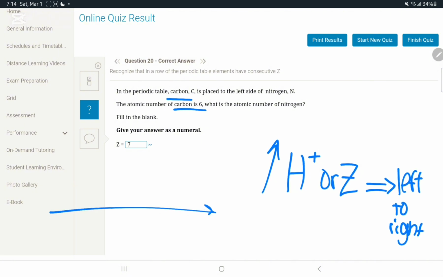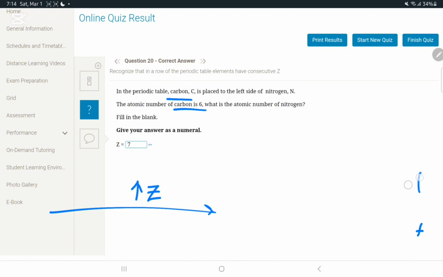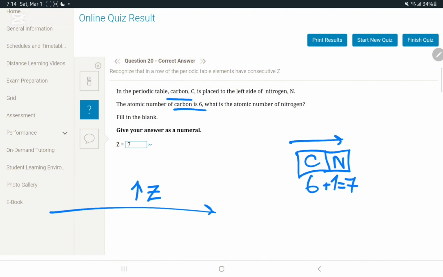So as you go like this, the atomic number will increase. If carbon is to the left of nitrogen, and carbon is 6, then nitrogen is going to be 1 more, so it's going to be 7.